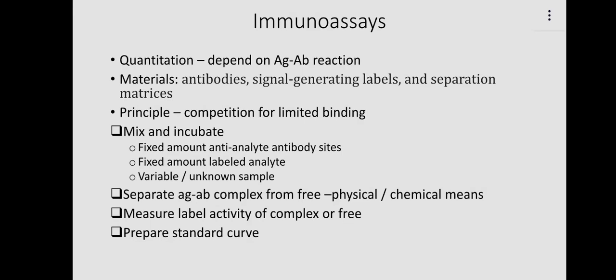So when these reagents are mixed and incubated, the analyte will get bound to the antibody, forming an immune complex, which is an antigen antibody complex. There are two different methods.